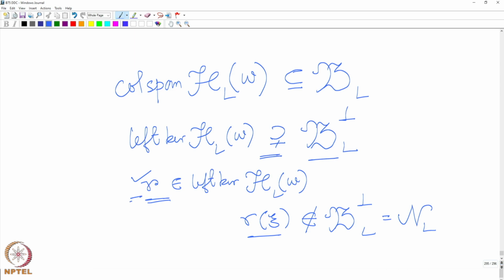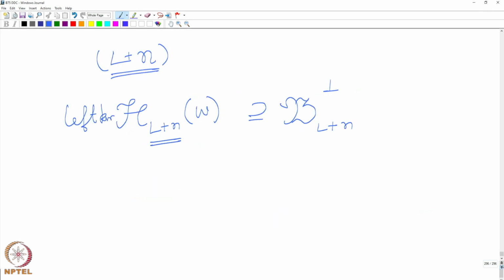You see, R is in the left kernel of H_L, and when you go to H_{L+n}, you are adding further and further rows below H_L. We have already seen that for Hankel matrices, because of their very structure, if there is a vector in the left kernel of a smaller Hankel matrix, then as you add newer rows, those rows also satisfy a similar equation coming from that left kernel vector.